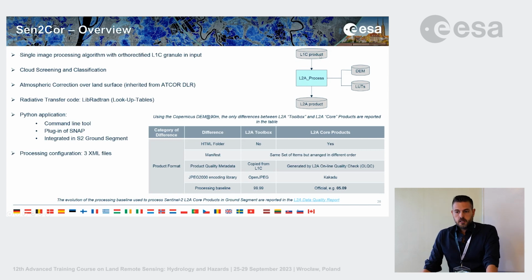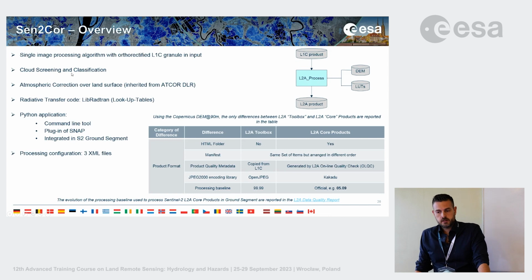For the cloud screening and classification, Sen2Cor imported the ESA CCI land cover map developed by UCL, Université Catholique de Louvain, at 300 meters, together with the water bodies as no occurrence. This is used in order to detect the clouds.